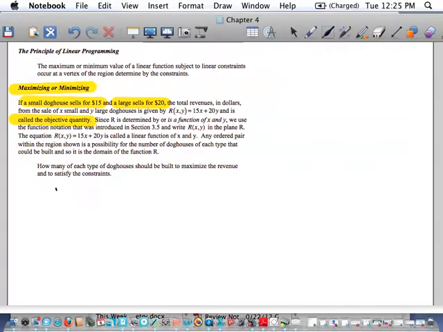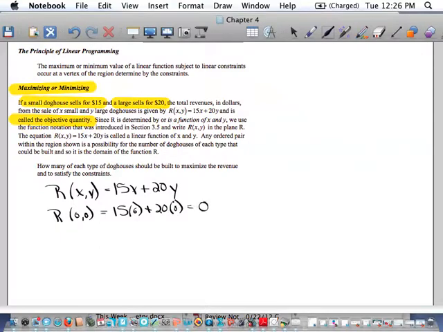We know our function is R(x, y) equals 15x plus 20y. So now we want to look at those vertices. We can look at R(0, 0). I'm not sure that makes a lot of sense, because the revenue then would be 0. So if he produces no doghouses, he makes no money.